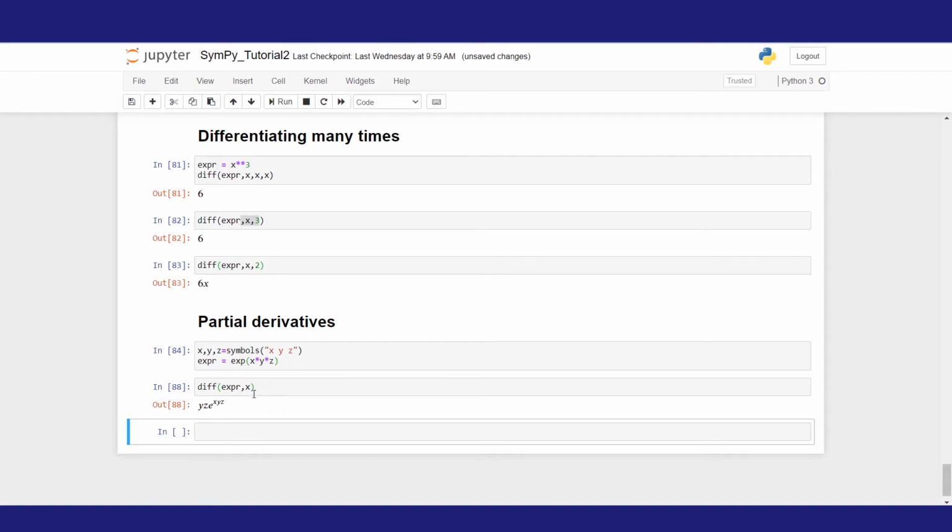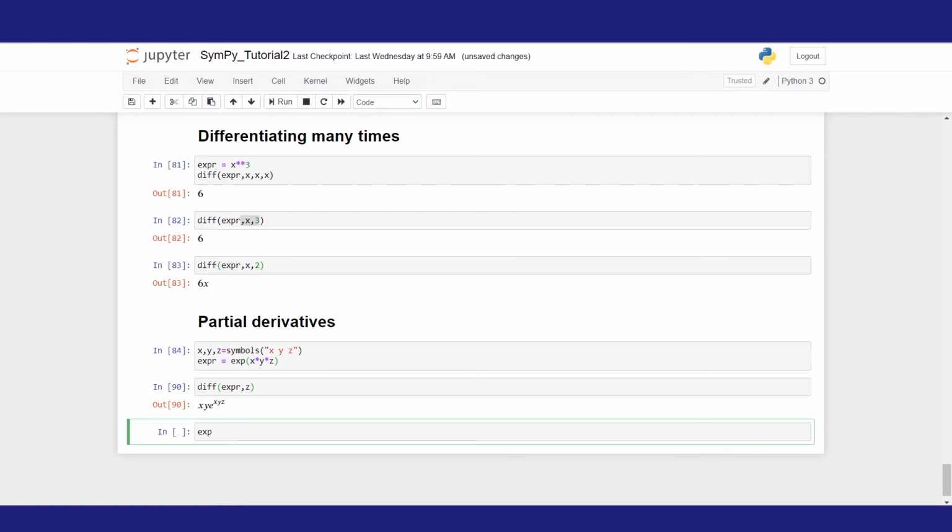If it was just with respect to y, what would be down is just xz, and if it was with respect to z, it would be just xy, because xy would survive since it was a product. Let's say if it was some kind of addition.